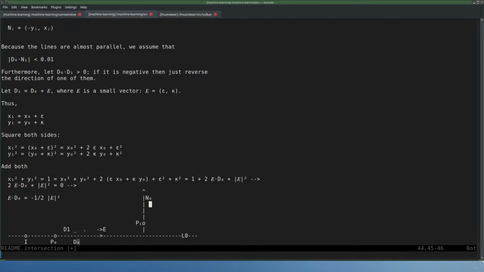Now you understand that if we project P0, P1 onto N0, then we get this line here, this height.